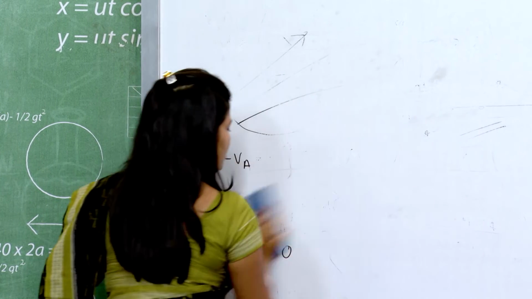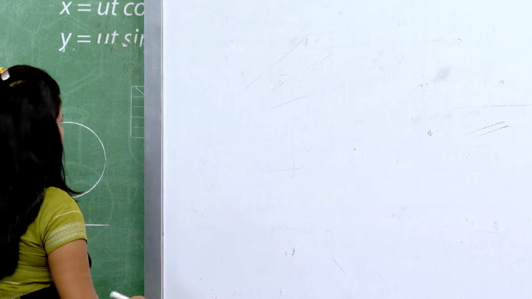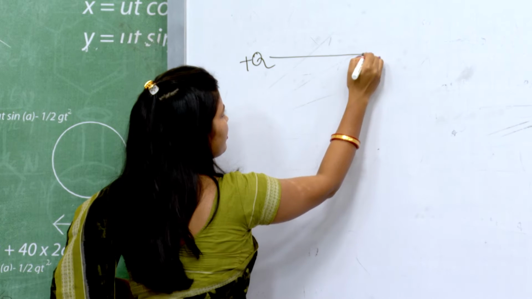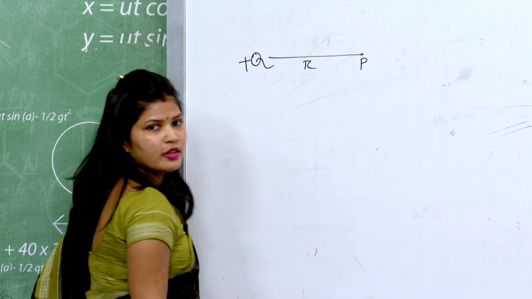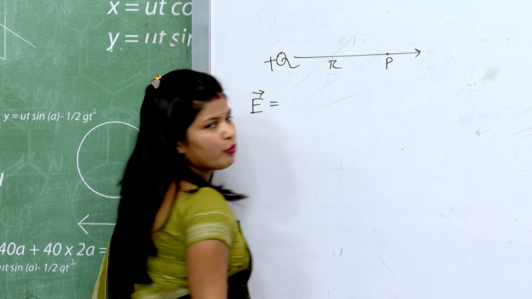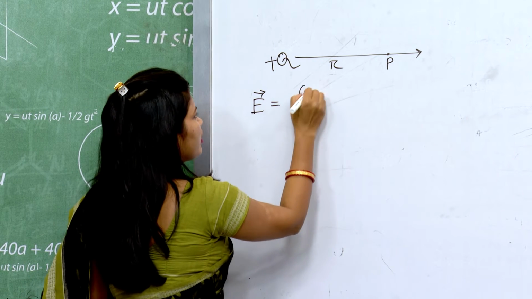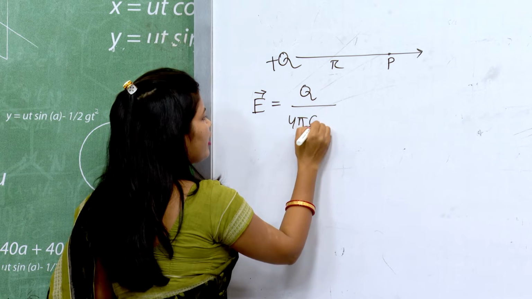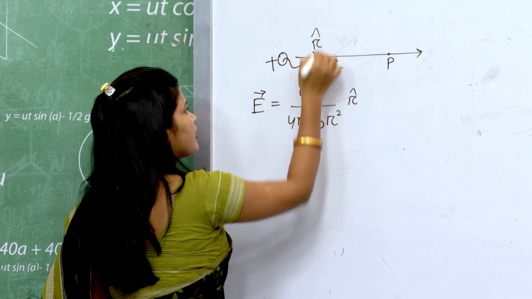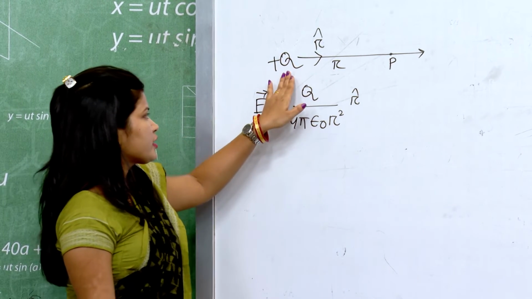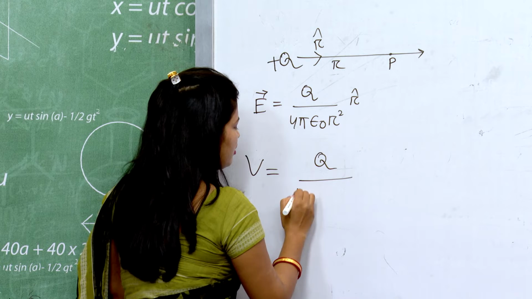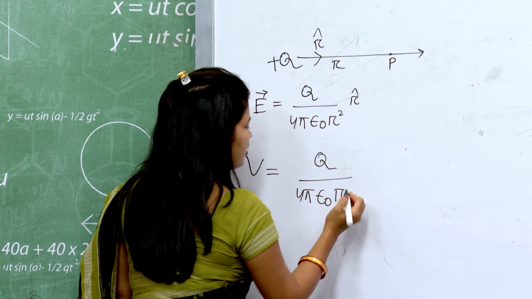Imagine a charge plus q here, and at a distance r at a point P, the electric field E vector, as the electric field direction is outward, is equal to q upon 4 pi epsilon naught r square r cap, where r cap is the unit vector in the direction from plus q charge to point P, and the potential is q upon 4 pi epsilon naught r.